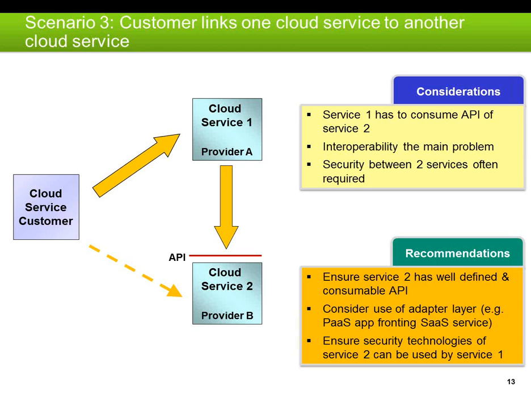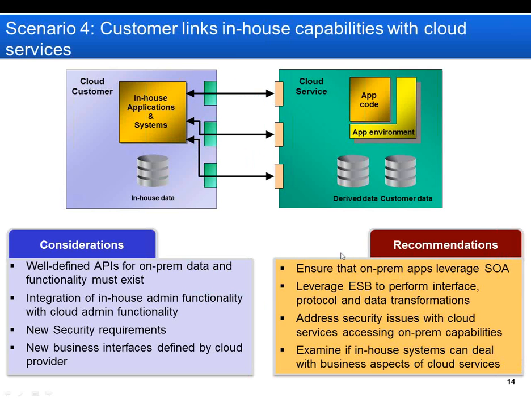Okay, moving on then to scenario number 4, which is on slide 14. So a very common requirement is, of course, when you go use a cloud service, that you have a lot of existing stuff on premises which you're going to need to connect up to the new cloud service.